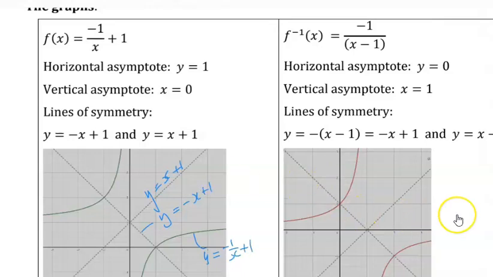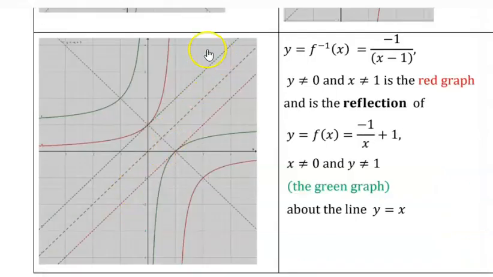If I look on the right hand side, we see that this is the line y equal to x minus 1, and this is the line y equal to minus x plus 1, just as we have for this function here. And this is now the graph y equal to minus 1 over x minus 1. On this graph, I've drawn both of them. These are f of x, the green graph, and the red graph is the inverse function.